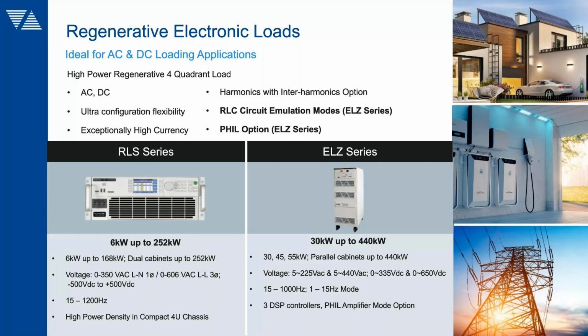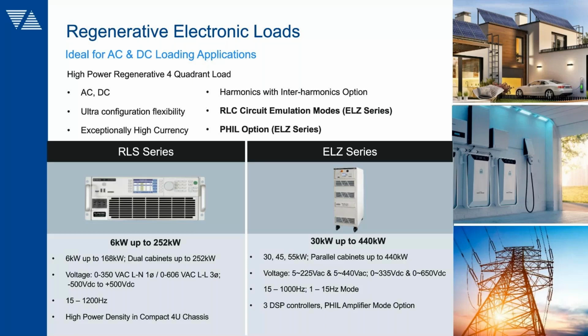So very high power density for an electronic load. It can be paralleled to higher levels, so you can go up to 252 kilowatt by paralleling multiple units. Voltage ranges on this unit are 350 volts line to neutral, or over 600 volts line to line in the AC mode, and plus or minus 500 volts in the DC mode. The operating frequency is from 15 to 1200 hertz, so it covers both commercial products as well as avionics and defense products.